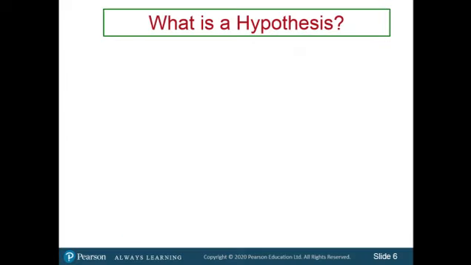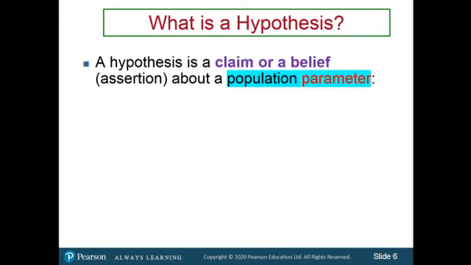Now let's take a look at what a hypothesis is. We can define hypothesis as a claim or a belief assertion about a population parameter. So hypothesis is a claim or a belief about a population parameter.